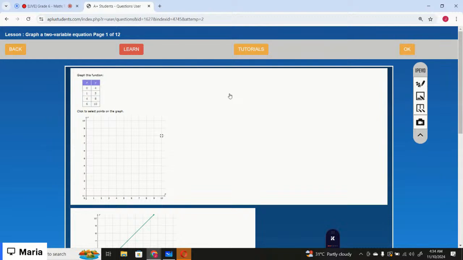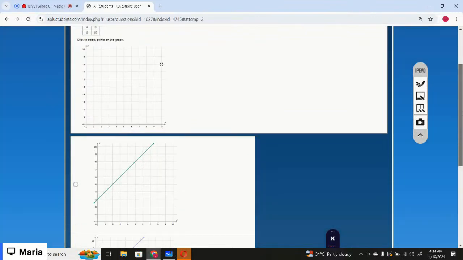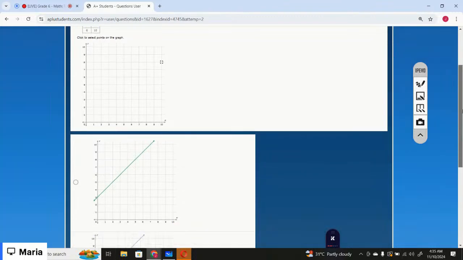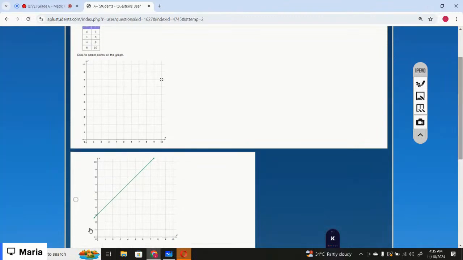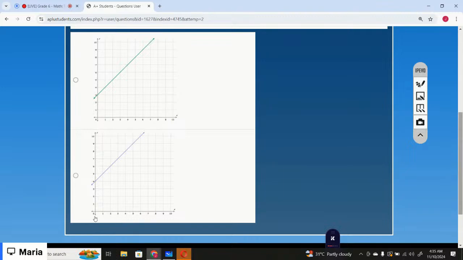You are given the table of values. You just have to plot the graph, right? 0, 4, 1, 5, 4, 8, 6, 10. X is 0, y is 4. But here you have 3, I think. This isn't the correct option. I think this one. Yes, x is 0, y is 4.